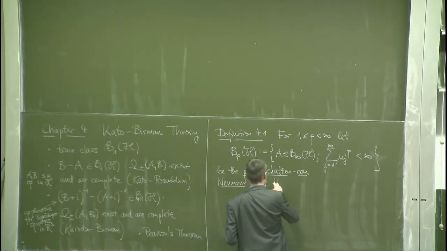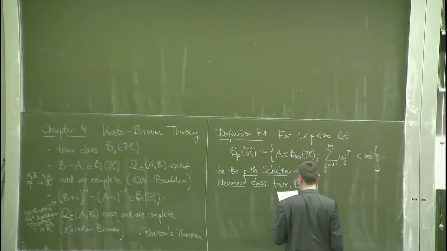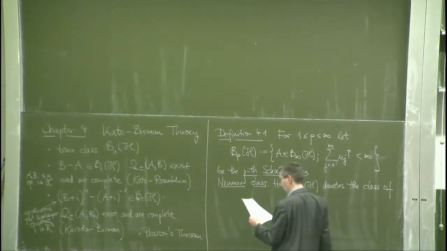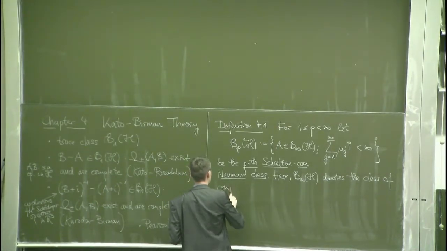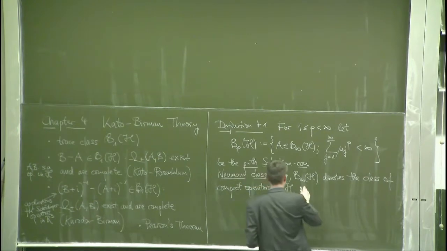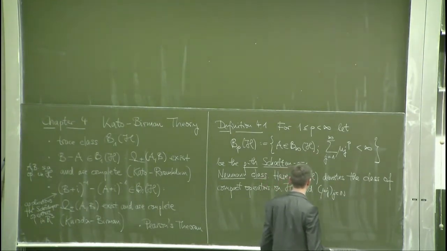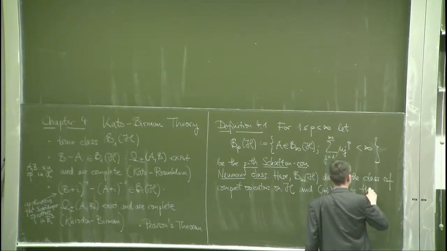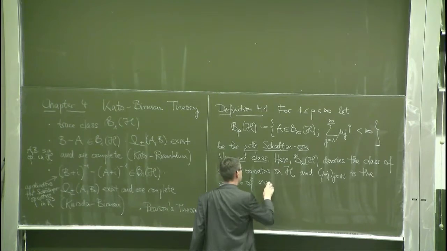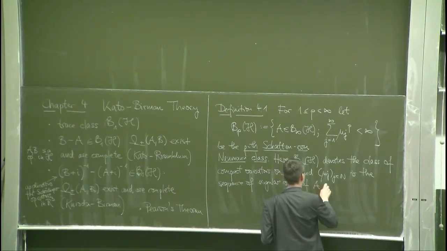We have to add here that the class B infinity of H denotes the class of compact operators on H, and the sequence mu j for j element of N is the sequence of singular values of A, which is a compact operator.